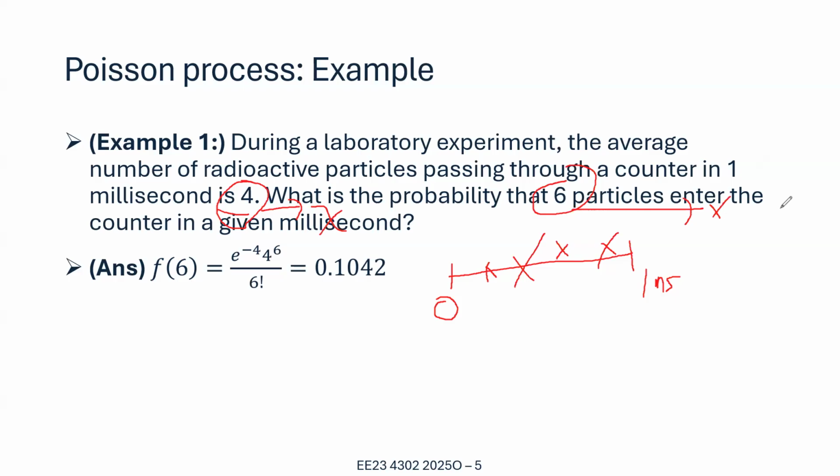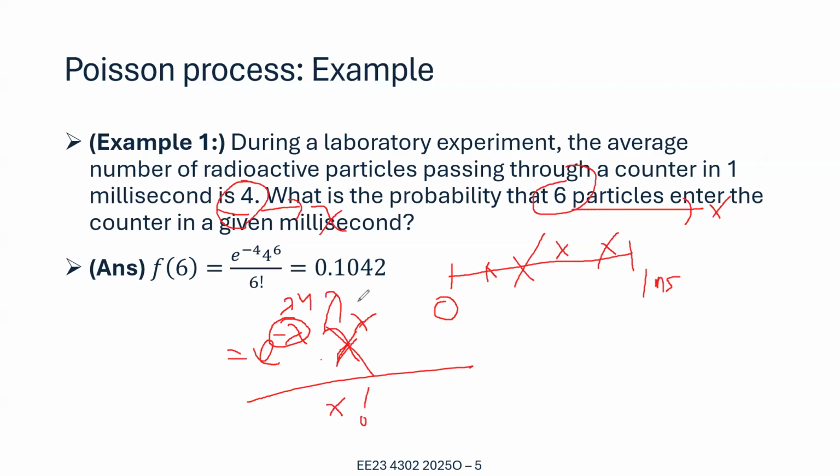we are going to consider this. It's e to the minus lambda times lambda to the power of x, divided by x factorial. We have lambda being 4, and x is the one on top, sorry.